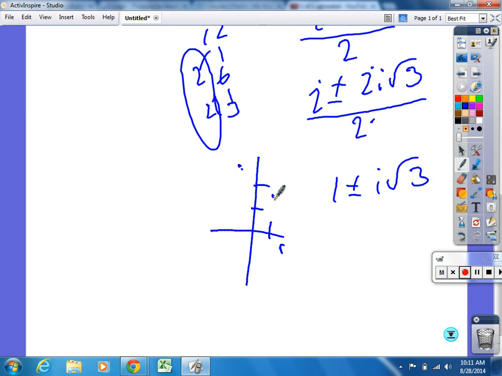So if you only saw your graph, even though it was x to the 4th, and it crossed only twice, you have 2 more zeros that are complex, don't you? Does that make sense? Everybody with me on that? You will get 4 zeros, but 2 of them might not be real.